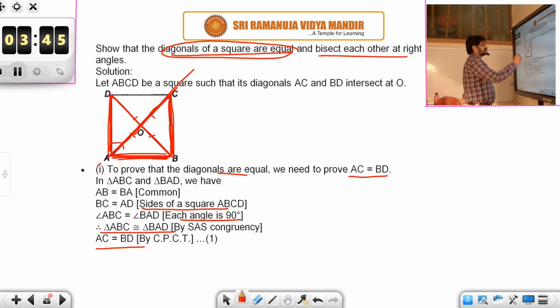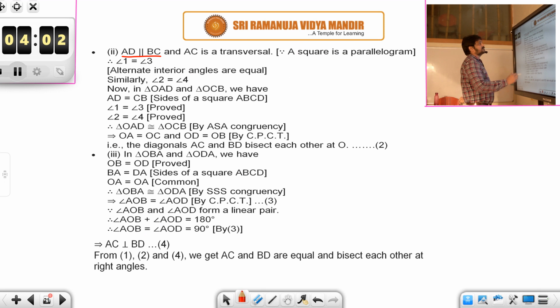Alternate interior angles are equal. So this angle will be equal to this angle, isn't it? Similarly, this angle will be equal to this angle because they are alternate interior angles, right? If you consider AC as a transversal.